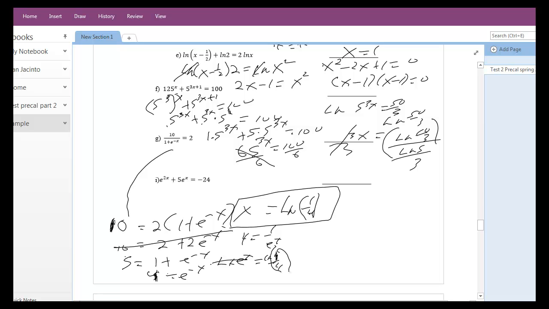That whole thing right there is grouped. Now, number I, e to the 2x is the same thing as e to the x squared plus 5e to the x minus 24 equals 0. I'm going to let u be e to the x.